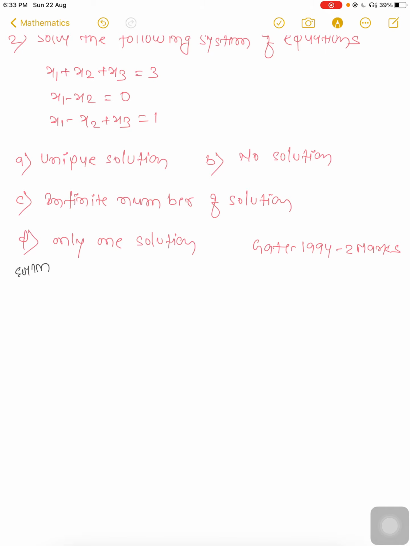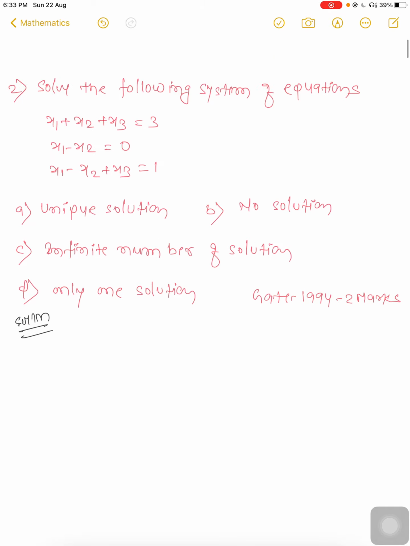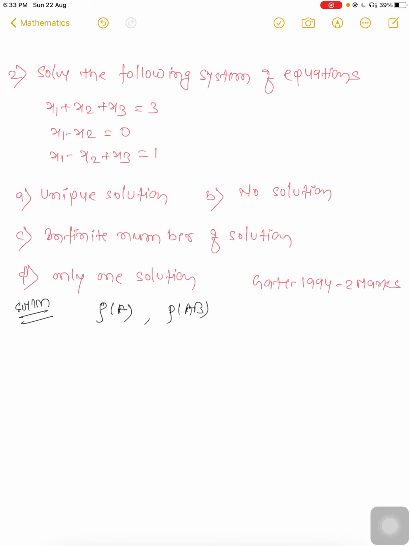For such a question, we first have to find the rank of A and the rank of the augmented matrix AB.